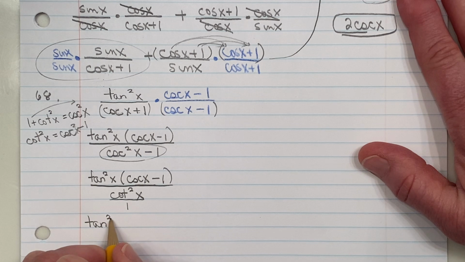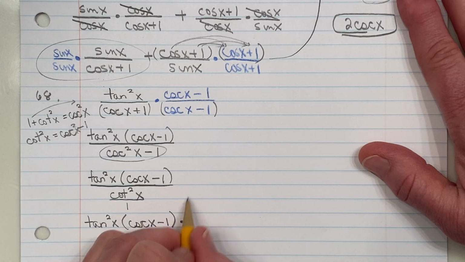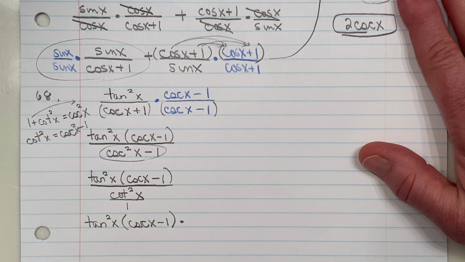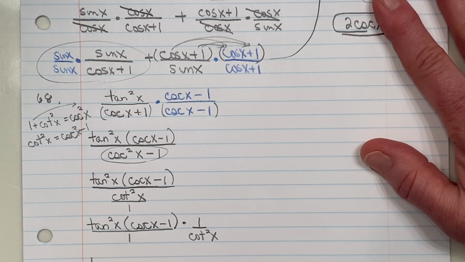I'm going to leave the numerator, and I'm going to multiply this by, when I keep, change, flip, well, that's still going to give me what? 1 over cotangent squared? Well, that's fine. I'm just not seeing where this is going yet. So I'm multiplying. Oh, there it is. I see it now. Maybe you did too.